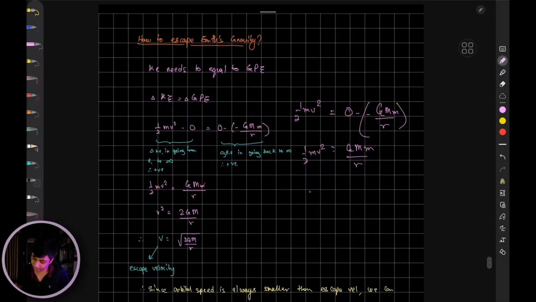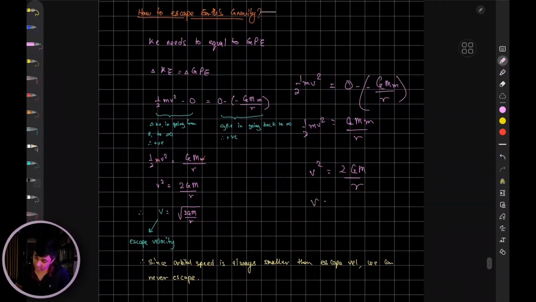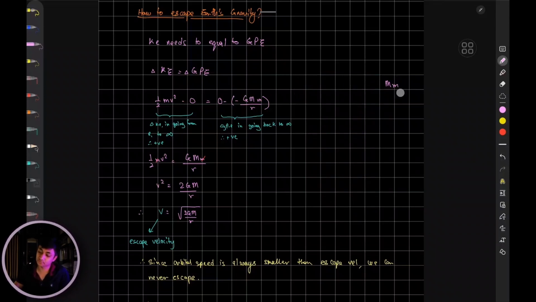To find the escape velocity, if you make v the subject, v squared is 2GM by r. So v is root 2GM by r. This v is your escape velocity. If the satellite has this velocity, it will escape Earth's gravity.